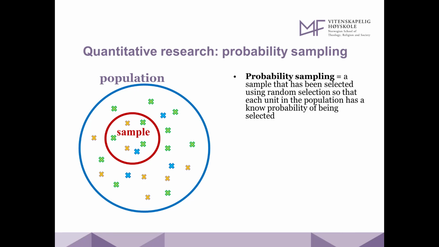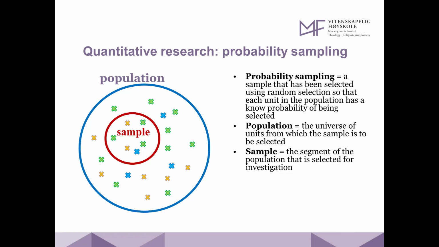And that means that you sample in a way that the sample has been selected using random selection, so that each unit in the population has a known probability of being selected. Let's imagine, looking at this figure here, that the population, that's the universe of units from which the sample is to be selected, is within the blue circle here.